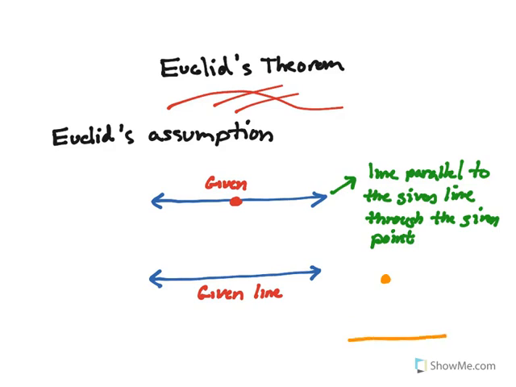Okay, so with this given point and this given line, Euclid's assumption states that the line going through that given point is going to be parallel to the orange line, which is given. So the red line is going to be parallel to the orange line, through that given point. It's a mouthful, I know. Sometimes even I have to think how to say it. So I totally get it. That's a little bit crazy, but that's what it means.